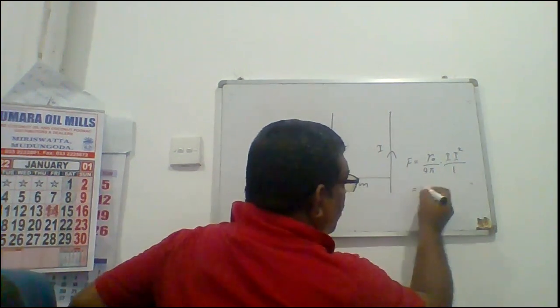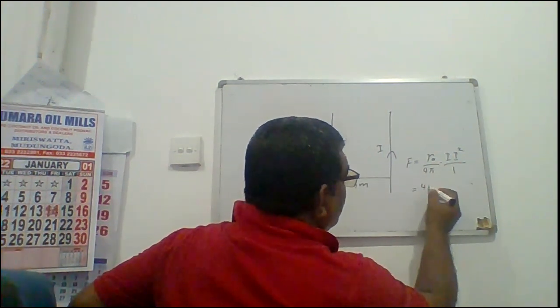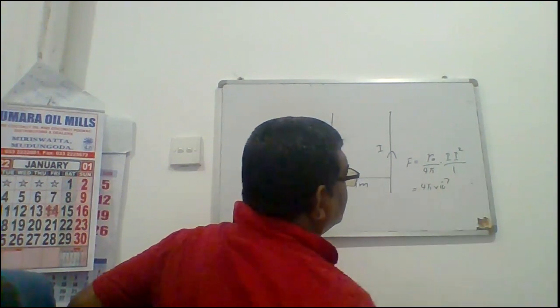What is the value of mu naught? Mu naught is equal to 4 pi into 10 to the power minus 7.